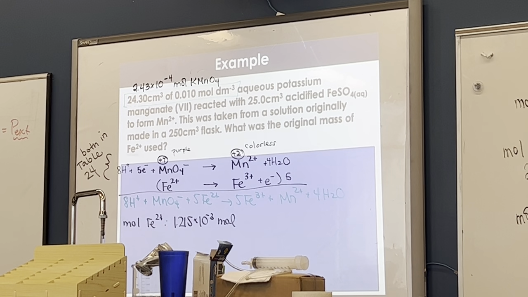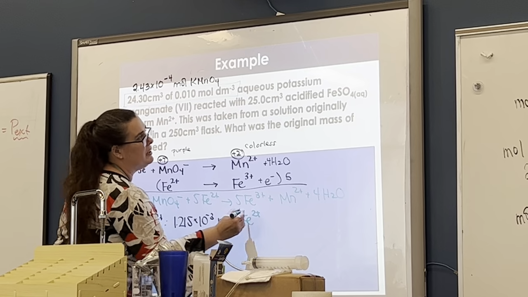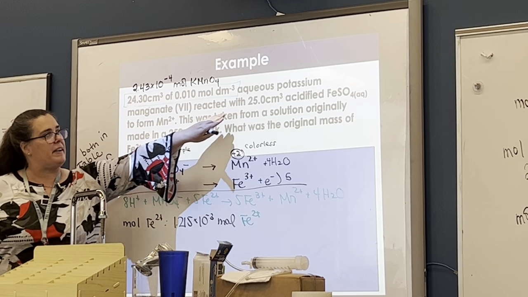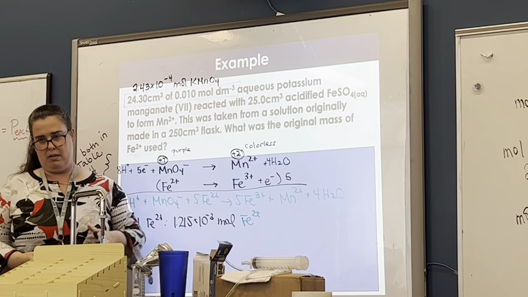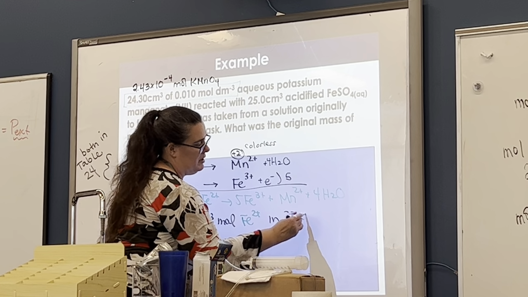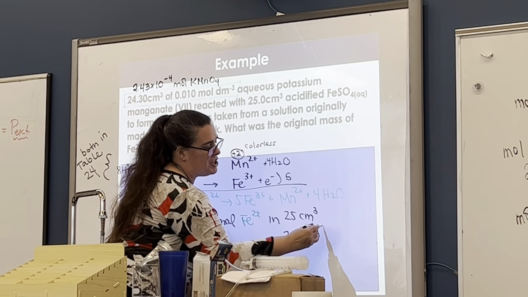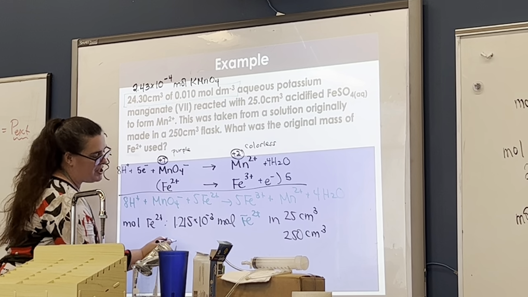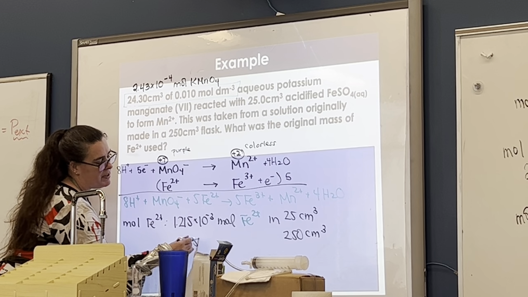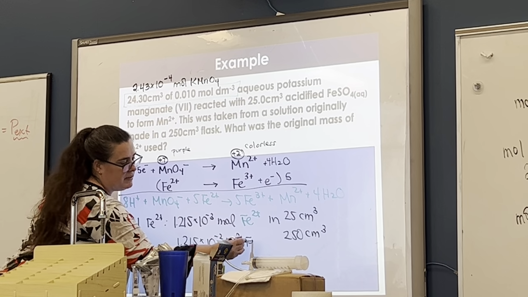If we know how many moles of iron 2 we have, what was the volume that the iron sulfate was in? Emma's a step ahead, saying that she actually made 250 cubic centimeters, and so she's going to say that the overall solution had that many moles of iron.